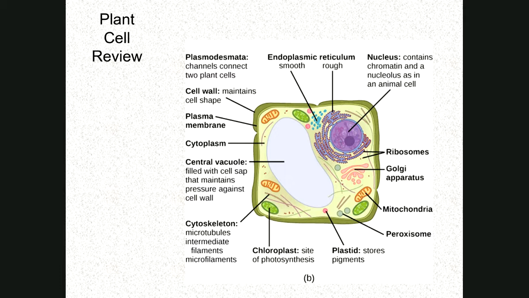We do have peroxisomes. We have what we call plastids, which store pigment. We don't have lysosomes. We have the cytoskeleton, which is microtubules, intermediate filaments and microfilaments.